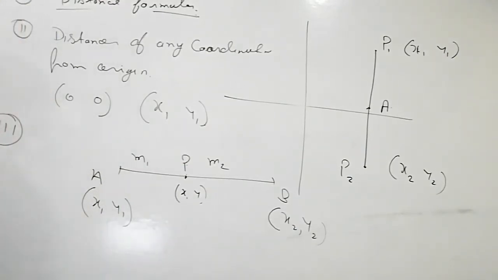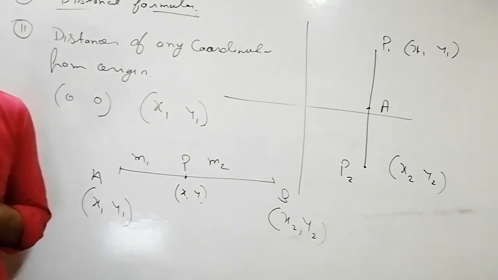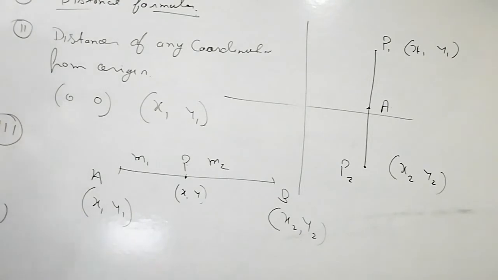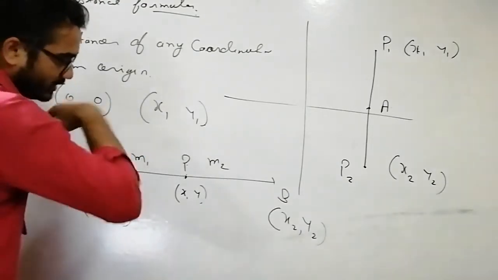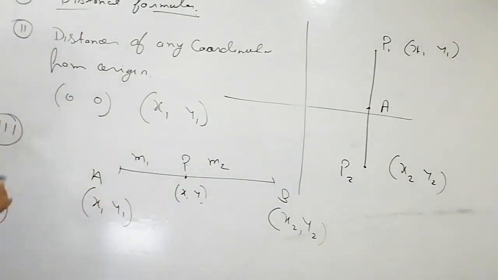The fourth thing we are going to learn is the midpoint formula. Midpoint formula means what? Similarly, just forget about what I have said last. Now what I am saying, just remember.